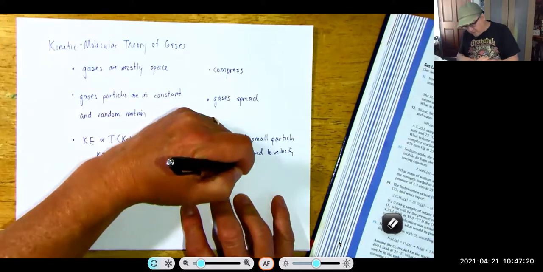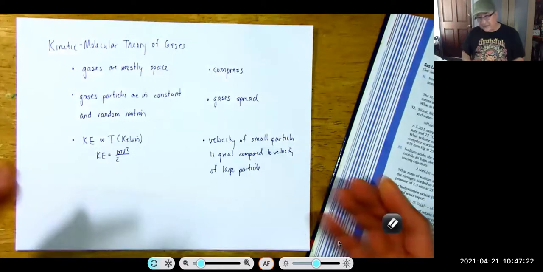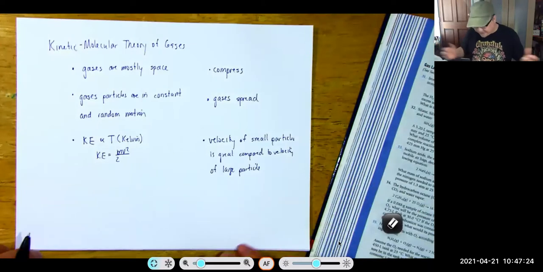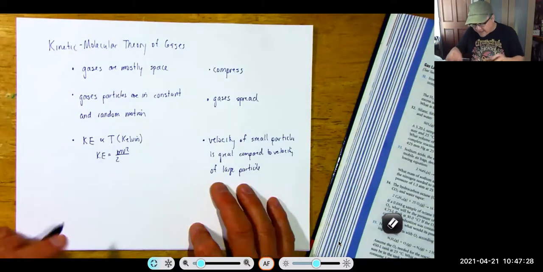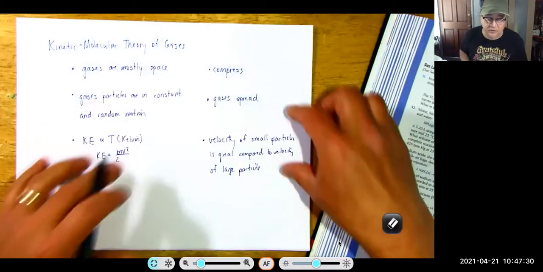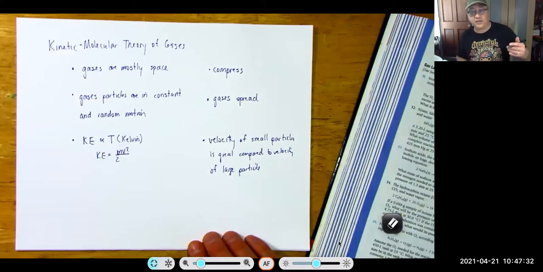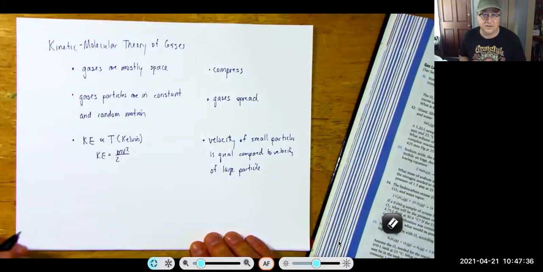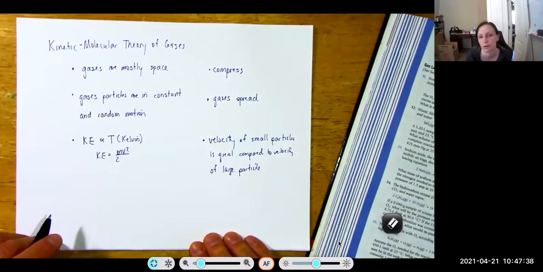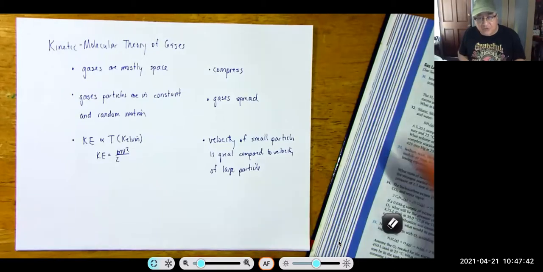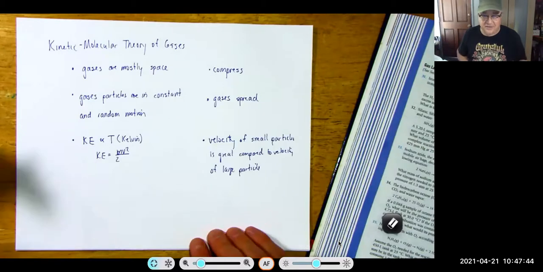So if we want to think about that a little differently in a real world sense, what does that mean about how fast these gases spread? Which one's going to spread faster, the one that's going faster or the one that's going slower? The faster one, so smaller. So small gas particles spread faster than large gas particles. Okay.